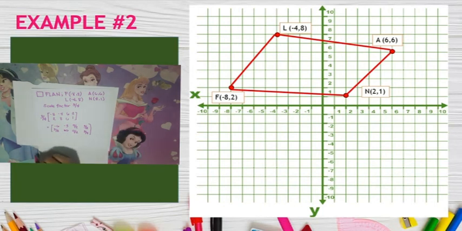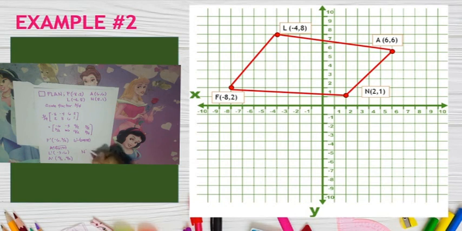Okay. So now we have our new coordinates for quadrilateral FLAN, and now let's write them down. So F prime will be -6 and 3/2. Oh, forgive me. So F prime should be -6 and 3/2, L prime will be -3 and 6, A prime will be 9/2 and 9/2.